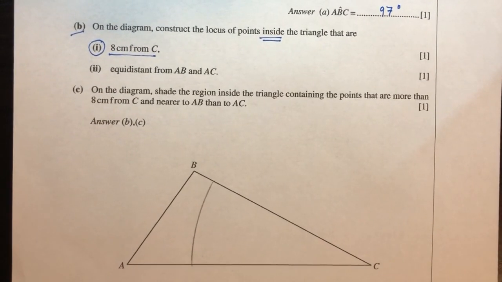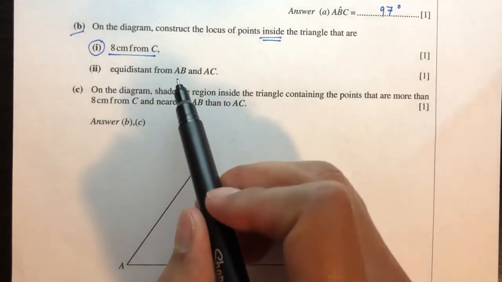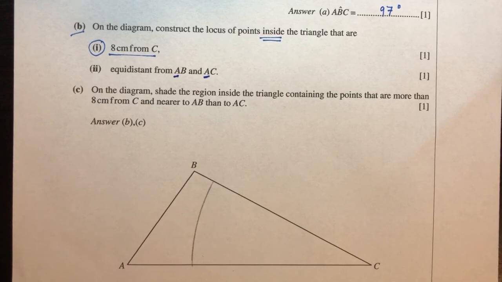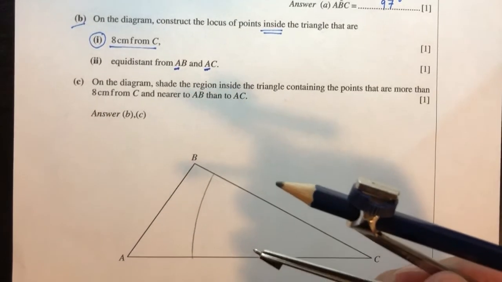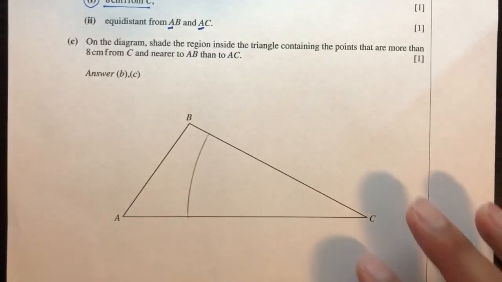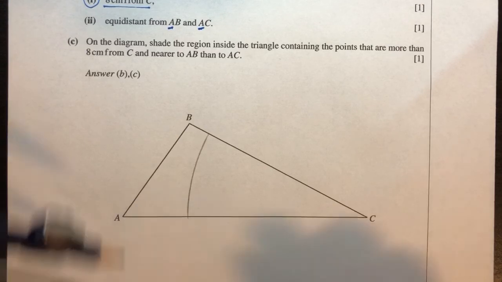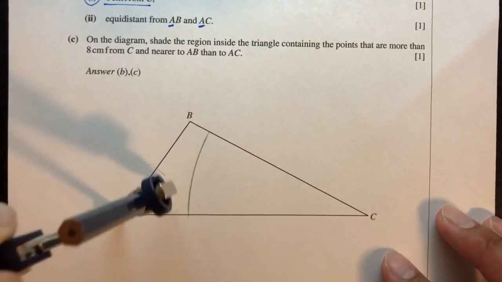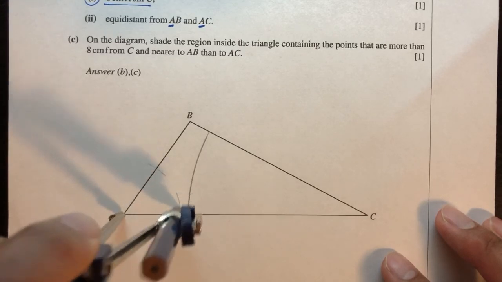Now part 2, it needs to be equidistant from AB and AC. As you can see, we have A here common, A here common. So we have to draw the bisector of angle A. So same, you have to use your compass. You have to go to point A. You have to cut the line AB. Cut the line AC.